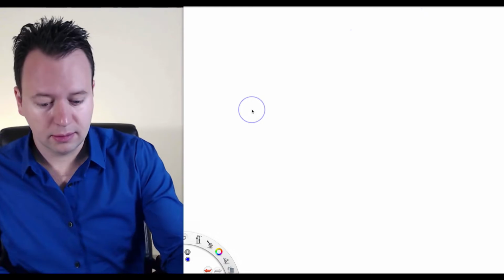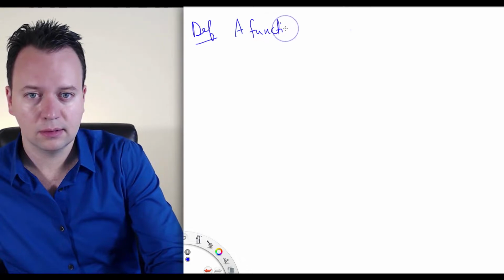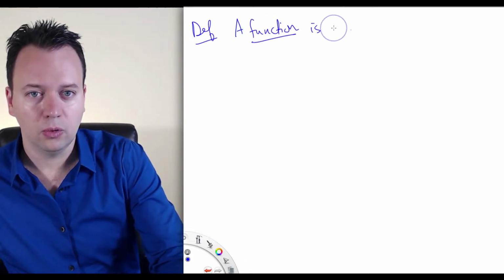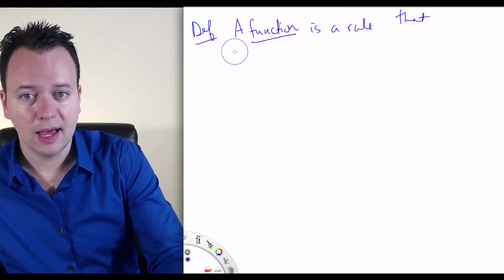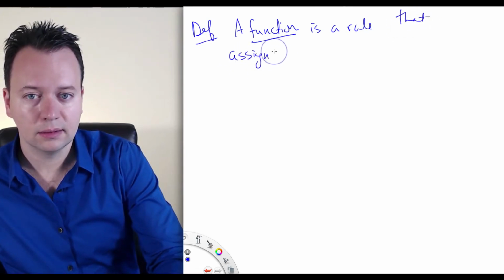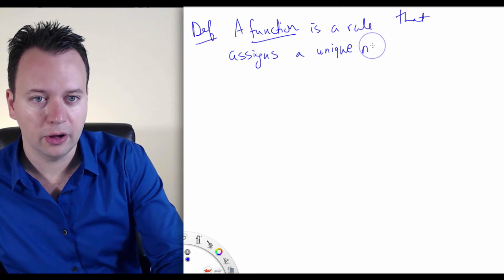Now, a function, so here's the definition. A function is a rule that assigns a unique number, and pay attention to this word unique, we'll talk about it later on.